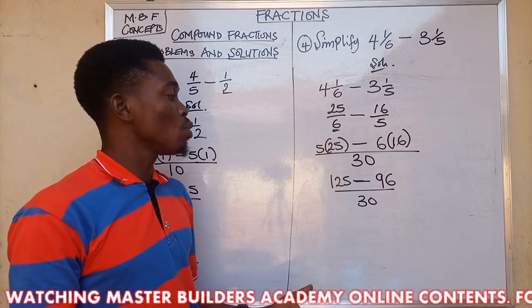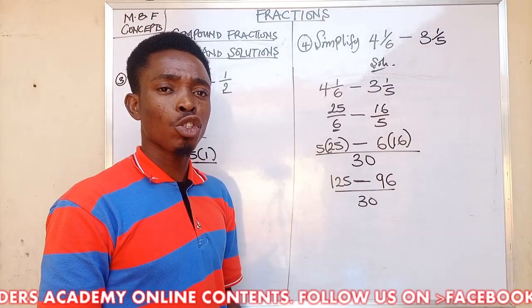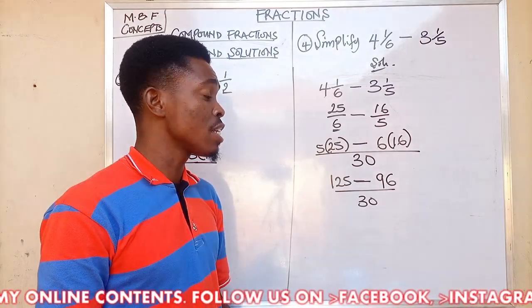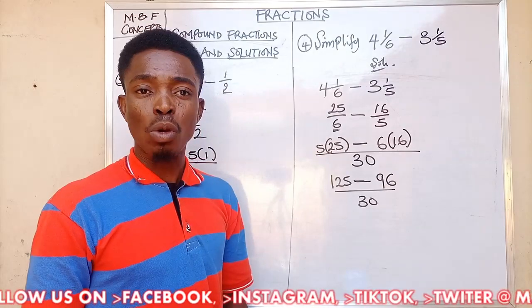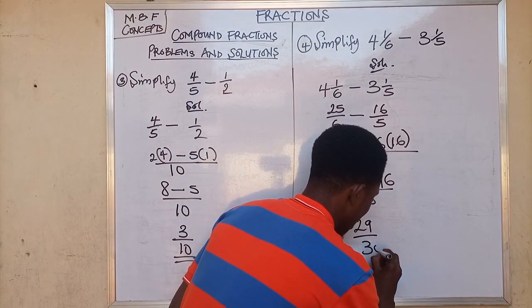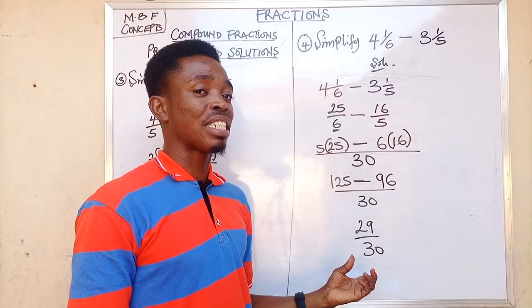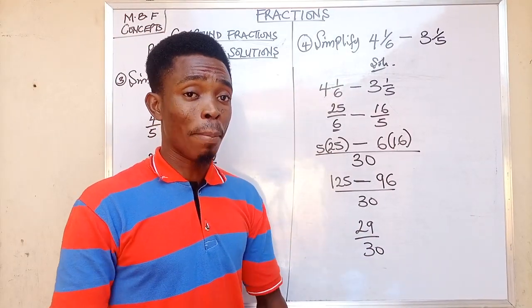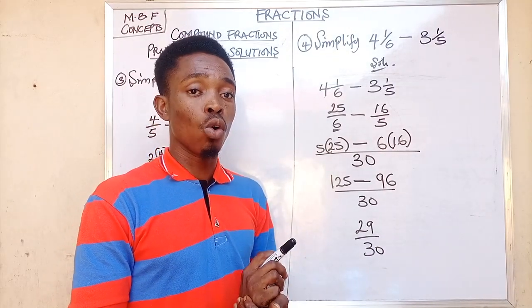Guys, what next do we do? We are simply going to remove 96 from 125. And when we remove 96 from 125, guys, we are going to have 29. Then this will have given us 29 over 30. Now, the next thing we do is to find out whether there is a factor that can go into 29 and 30. Of course, no number can go into 29 and as well also go into 30.